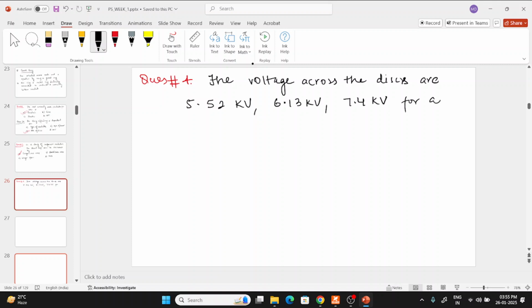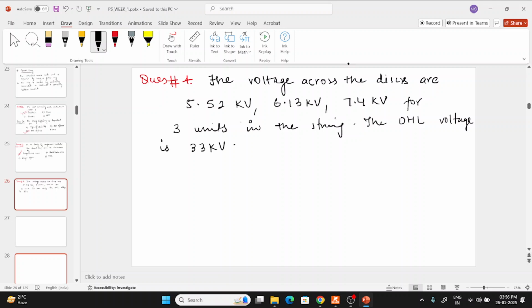For a string of three units in the string, the OHL, overhead line voltage, is 33 kV.